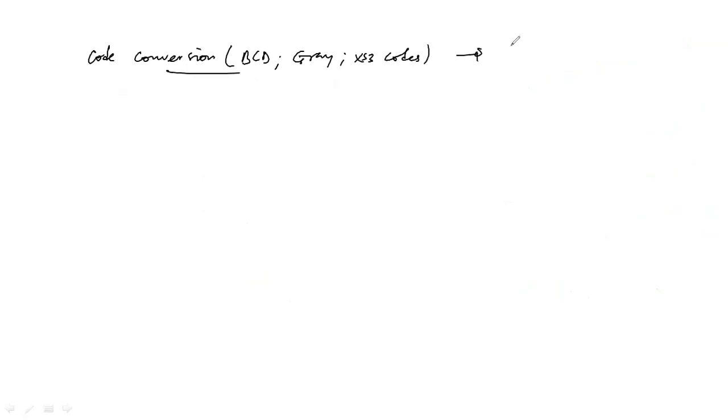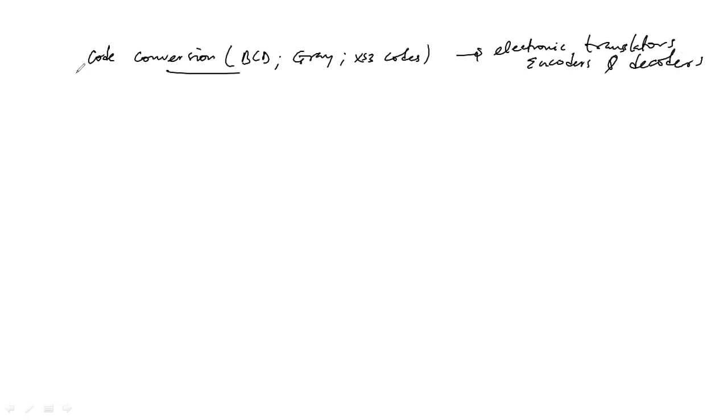We already established that electronic translators are used to convert between those codes, and we call them encoders and decoders, right?